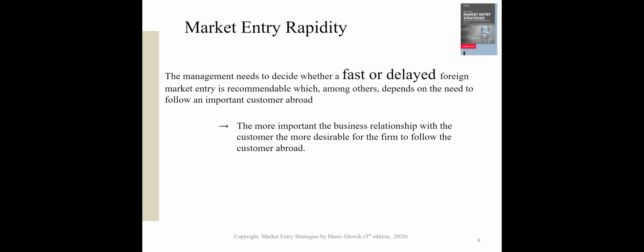And then we have to think about whether to establish our own manufacturing plant. And that is then depending on our customer's movement. If the customer moves abroad within a relatively short time, then we have to follow. If the customer moves with a certain delay, then we also have some time to delay our market entry in that foreign target market.